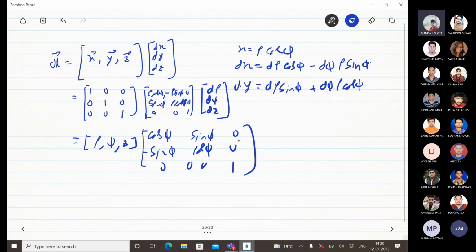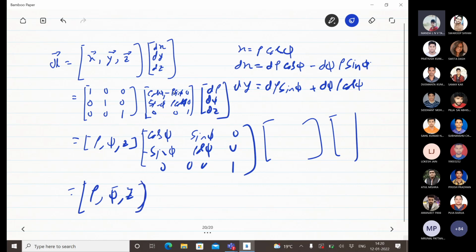So this matrix into this vector, and if I do this multiplication, you have rho, phi, and z.